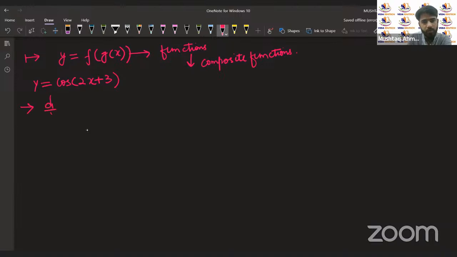It will be d by dx of y, that is d by dx of cos of 2x plus 3.